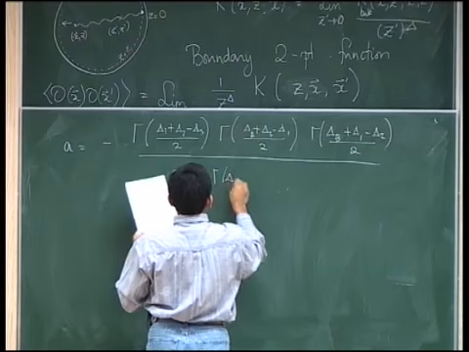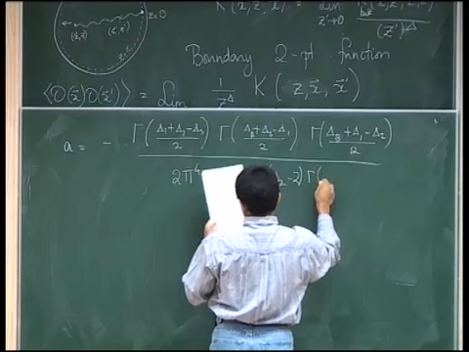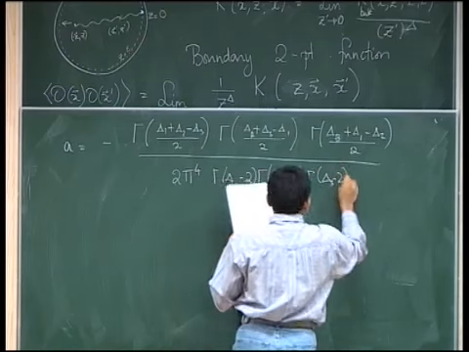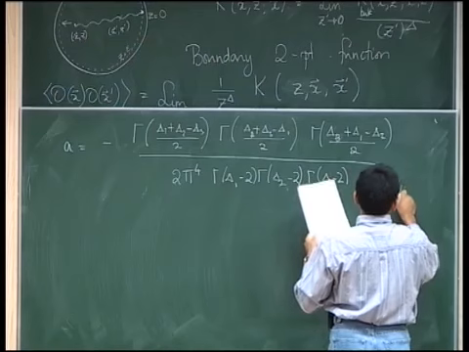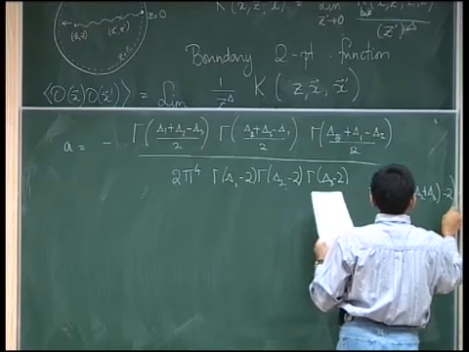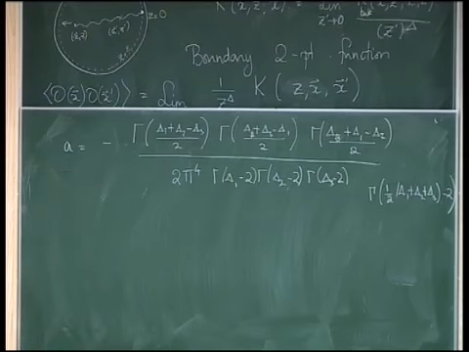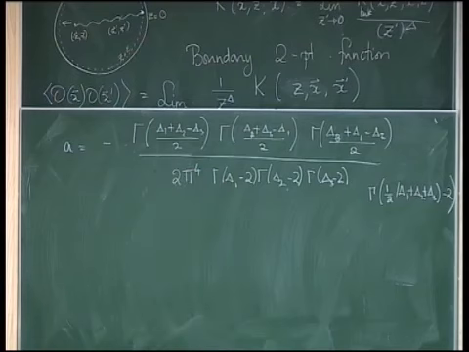I'm just writing this down, but the only way you're going to be able to appreciate where these come from is by doing the integral, which I'm not doing for you. I'll give you a reference in a moment. Okay, so this is what this integral works out to be, and here you have an explicit 3-point function for 3 primary operators in the conformal field theory whose dimensions are delta 1, delta 2, and delta 3 respectively.